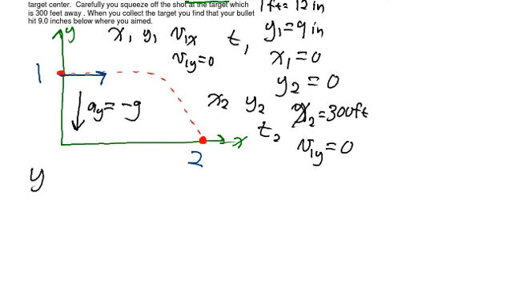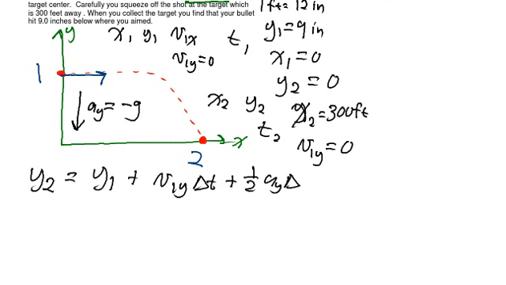If we write down y2 equals y1 plus v1y delta t plus 1/2 ay delta t squared, then that equation will help us find delta t, because in our problem the term with the initial velocity is equal to 0. Let's leave our units in inches.